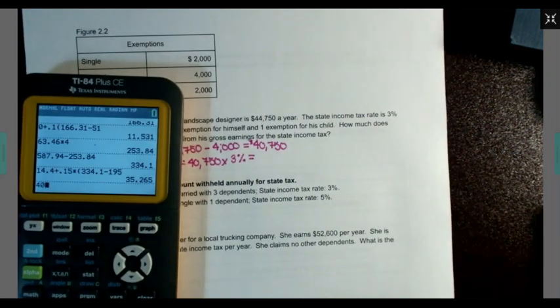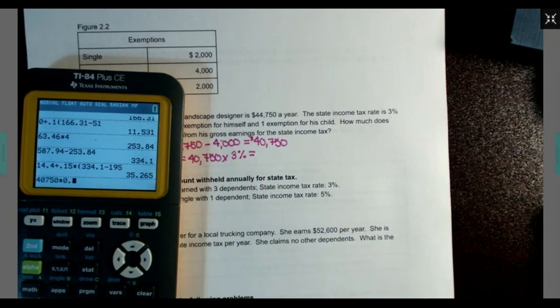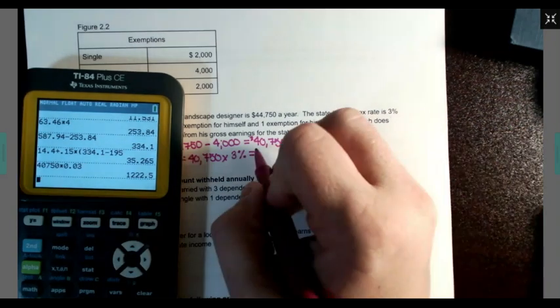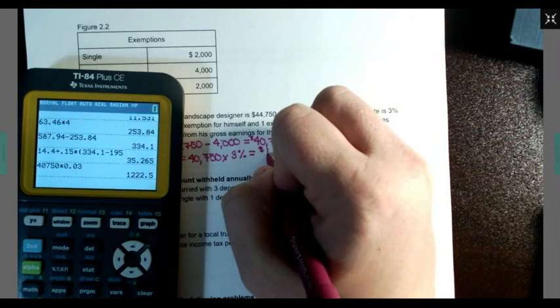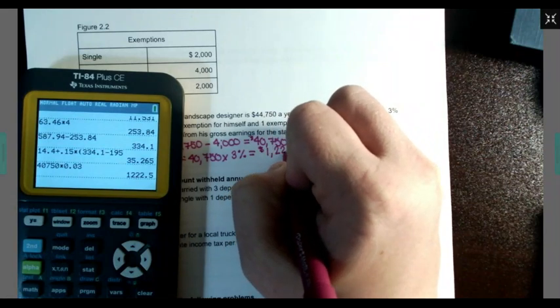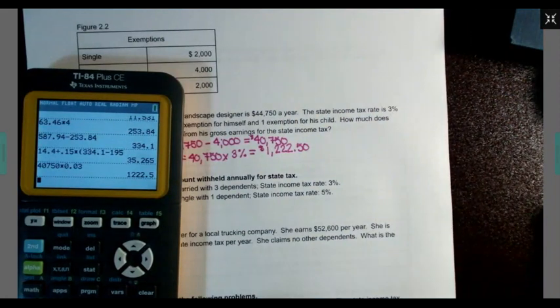So we're going to do 40,750. The decimal form of 3% is 0.03. So his annual state income tax is $1,222.50.